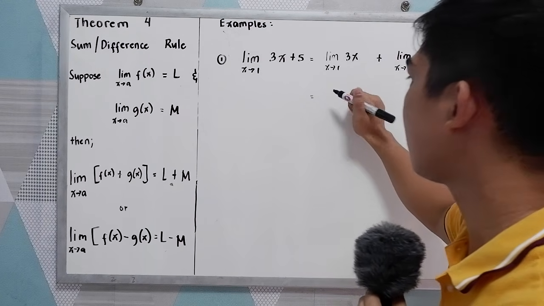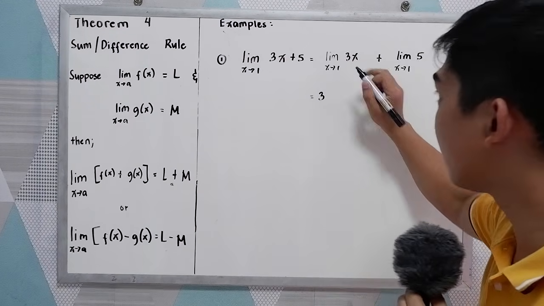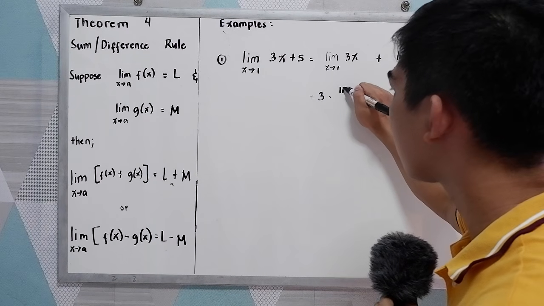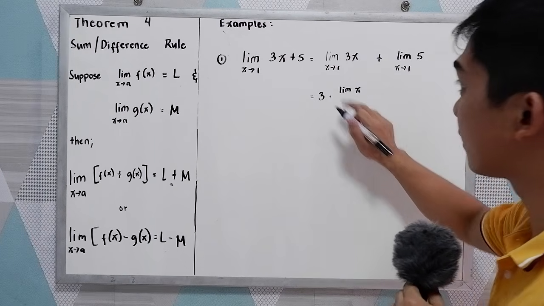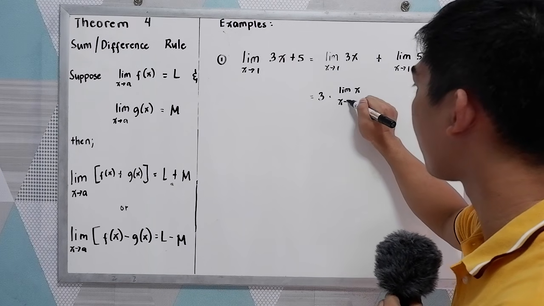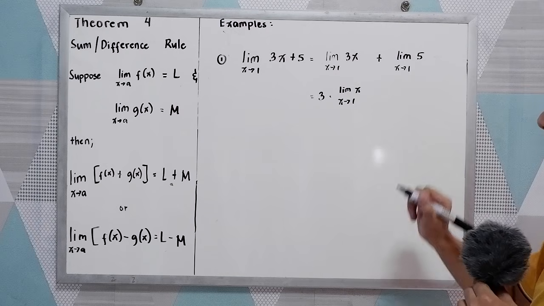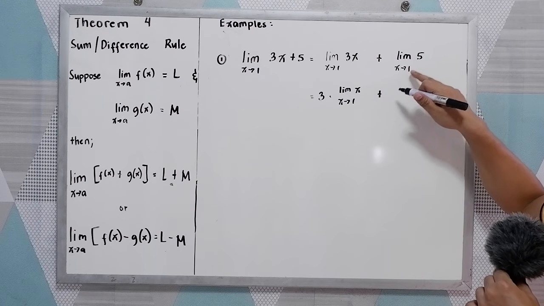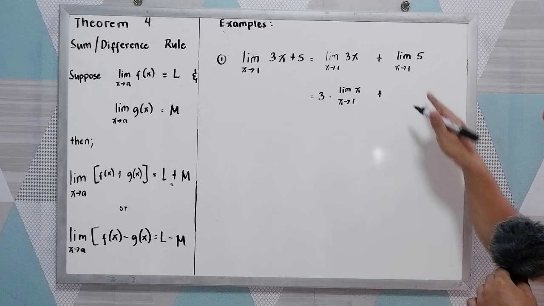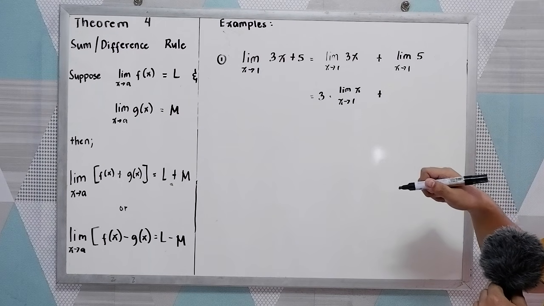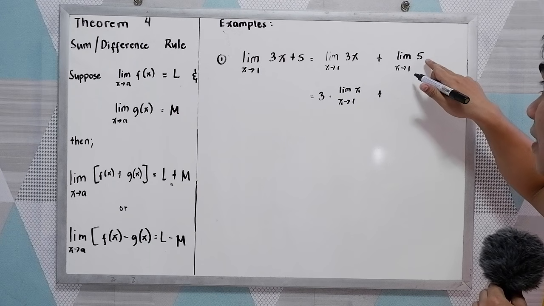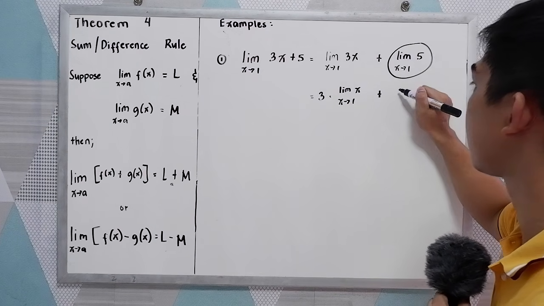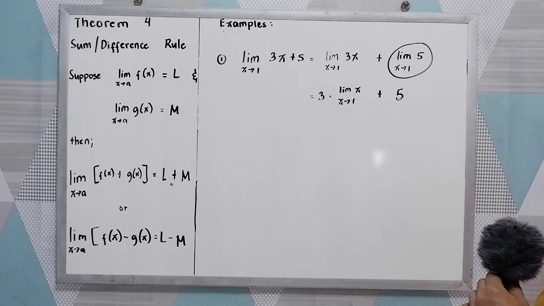So get the constant, that is 3, times the limit of x as x approaches 1, plus, in this case, we're going to apply theorem number 1. So our constant here is 5, so the value of this is 5.